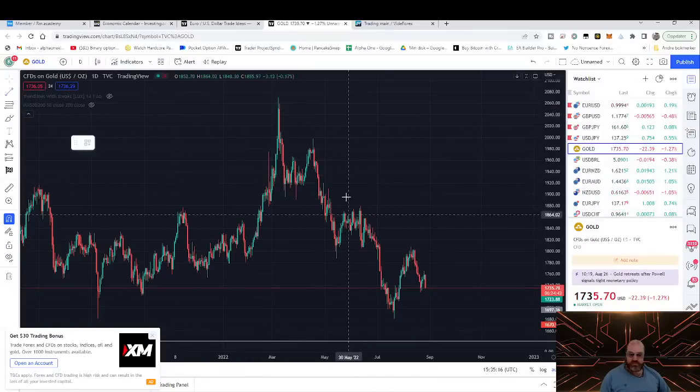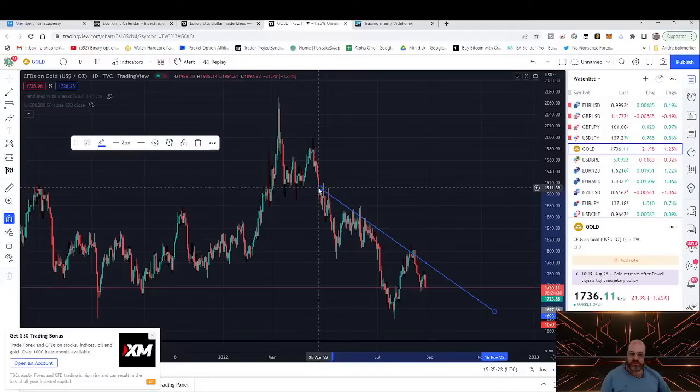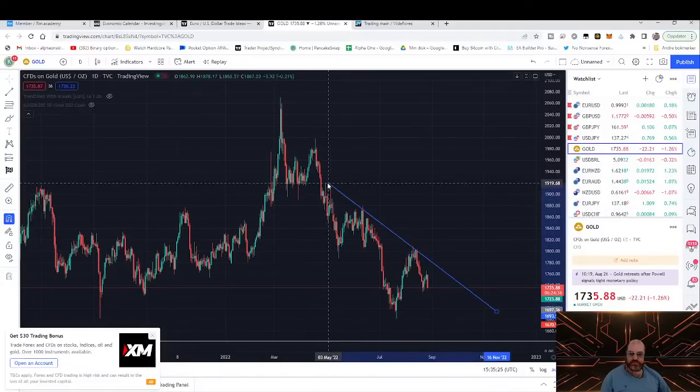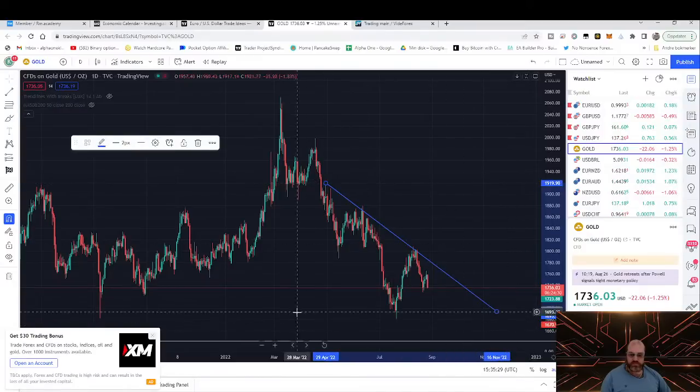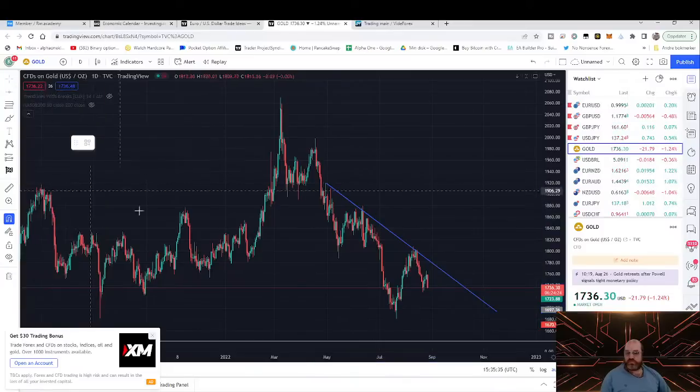let's see. We have a trend line going here. Let's see if we can put it a little nicer. Let's put it up here. We do have a support in this region.